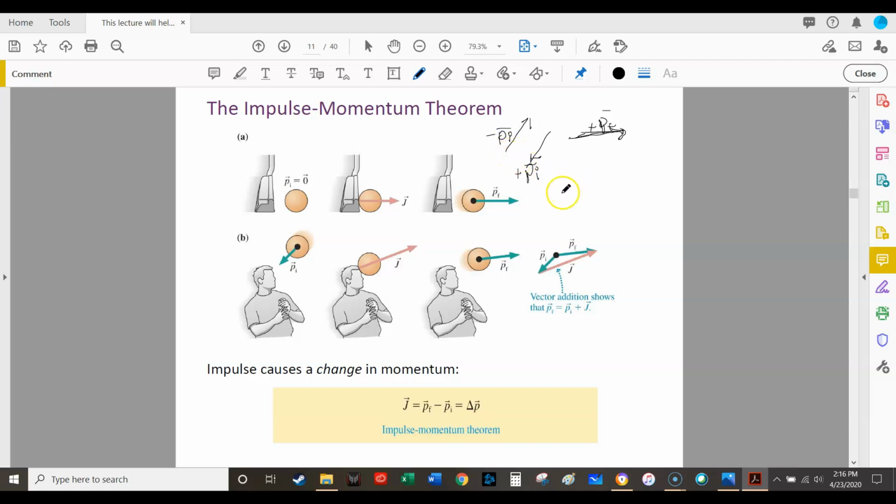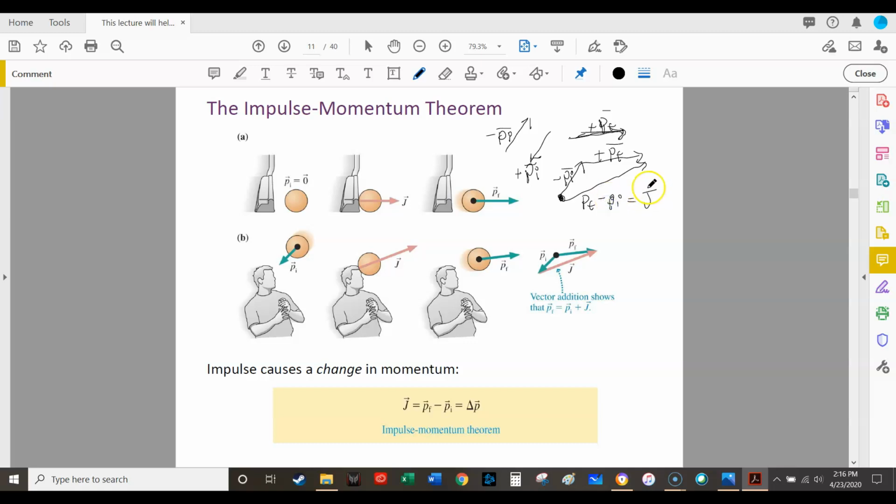So by adding that negative initial momentum vector to that positive final momentum vector, so you're now doing vector addition, the difference there is going to be this, p final minus p initial, which is the J vector, right?